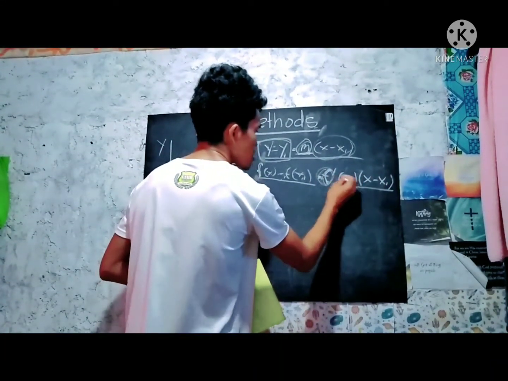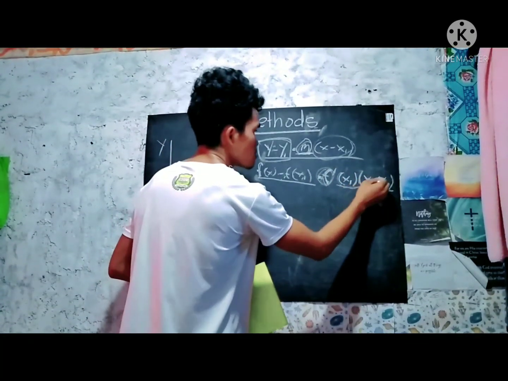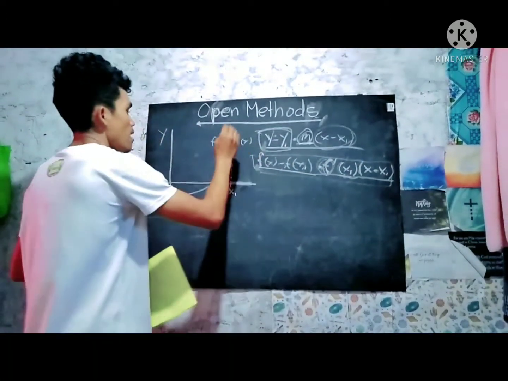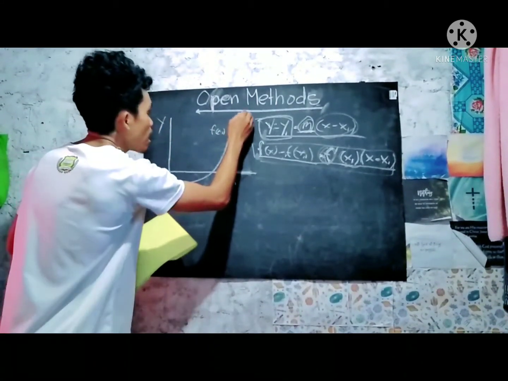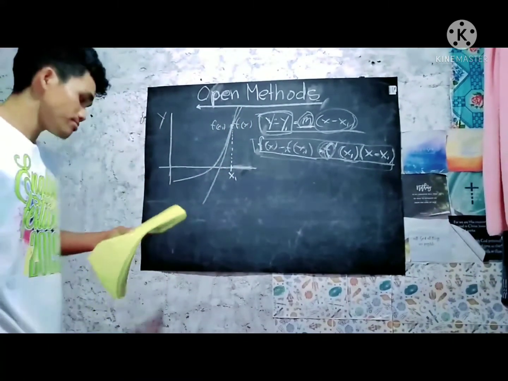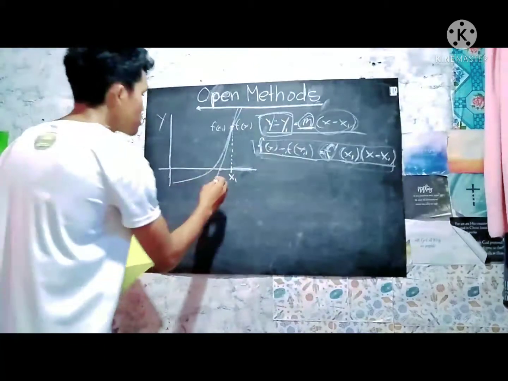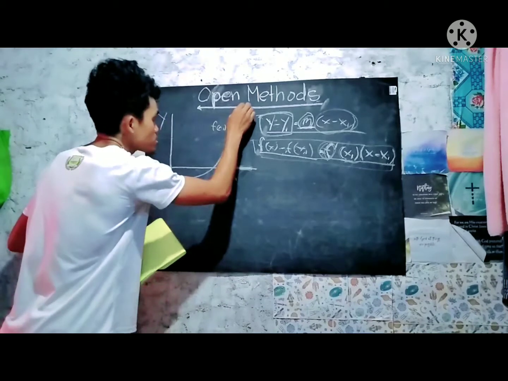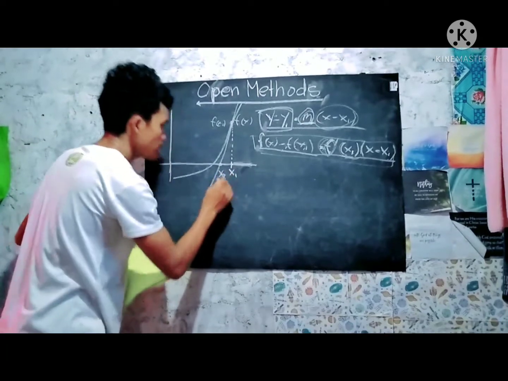This equation comes from this plot, and we have our straight line from the slope to the x-axis. This point is our x2, this straight line from our slope to our x-axis.